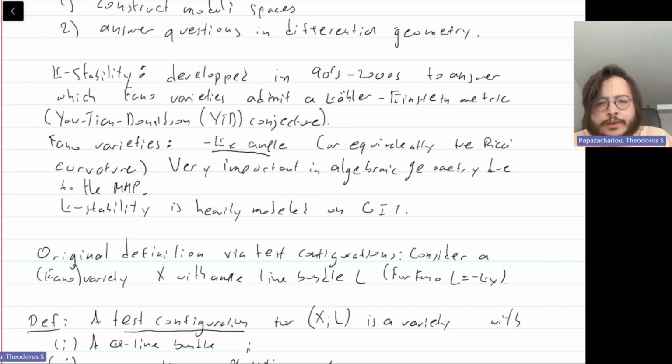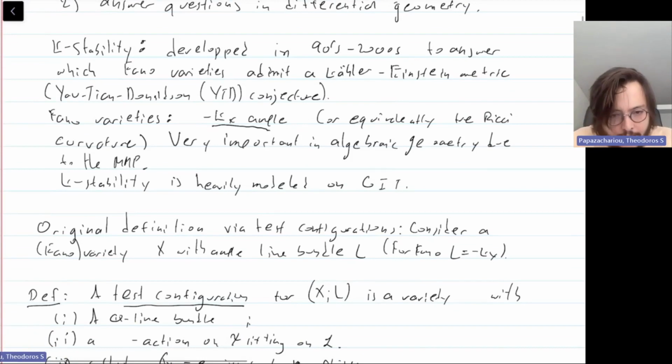They're really important also in algebraic geometry, and they have ties with the MMP. The MMP essentially postulates that they are one of the fundamental building blocks of the other varieties, and they also have ties with mirror symmetry, so they're a very important item of study in algebraic geometry in the past 10, 20 years, and even more.